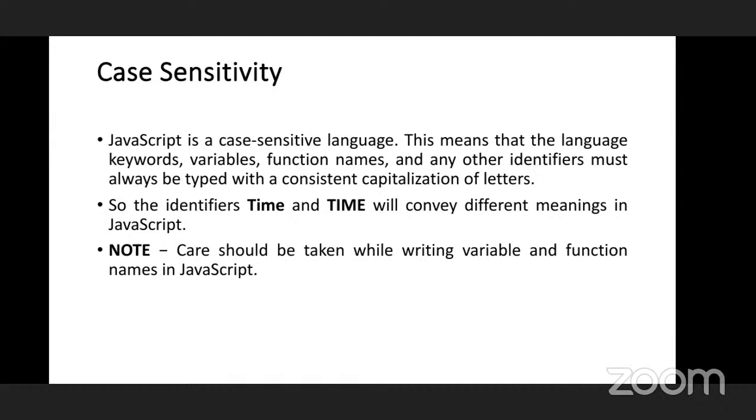So this is completely different from the second one, because in the second word all letters are capital, while in the first only the first letter T is capital and the remaining are lowercase. JavaScript understands these two are completely different. Even though as human beings you may understand these two are the same, both giving the meaning of time, JavaScript understands them as different because the case is different. One is uppercase, another is lowercase. When you change the case, JavaScript treats them as completely different. That is the meaning of case sensitivity.